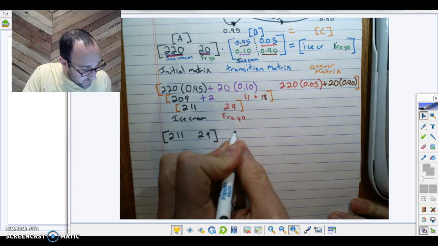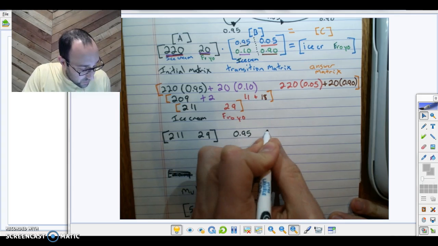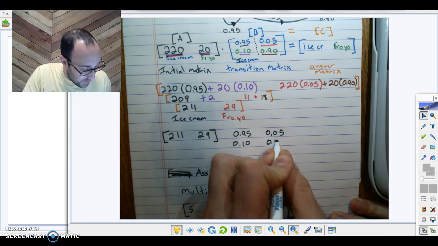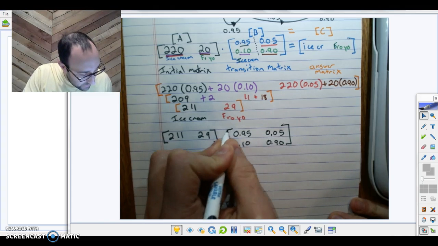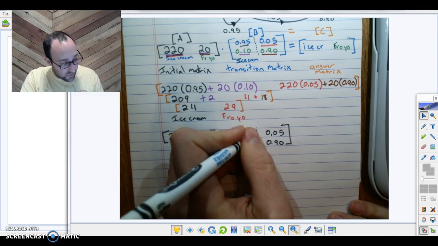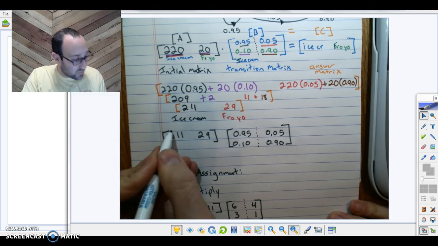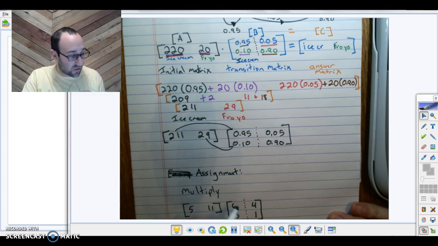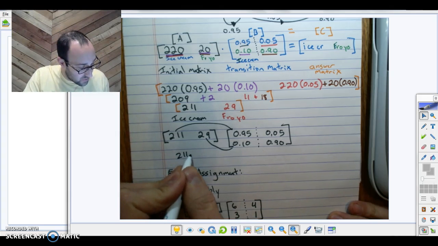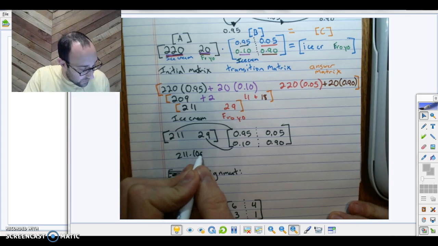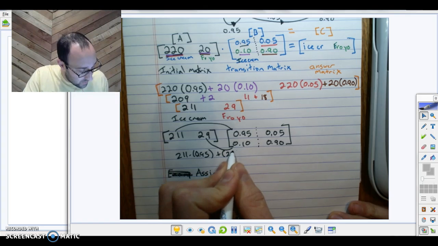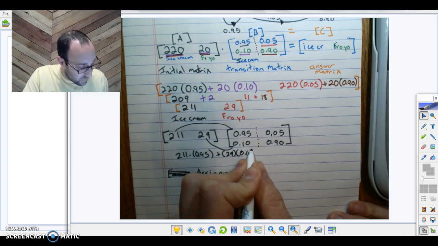I'm just going to rewrite it as 0.95, 0.05, 0.10, 0.90. It's going to go here. And again, remember, you're going to multiply down. So it's going to be 211 times this one, 29 times this one. And you're going to add those together. 211 times 0.95 and plus 29 times 0.10.